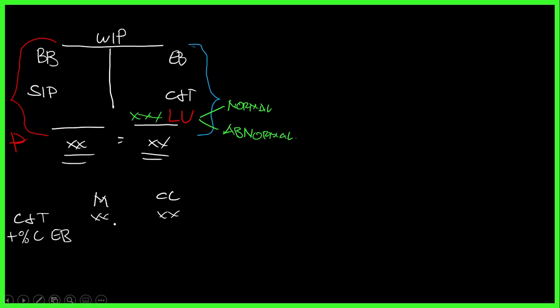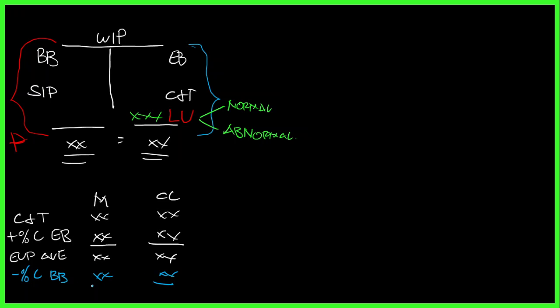Once you've added your ending inventory, what you call this is the EUP for average. That's the normal one. Sir, what about FIFO? Then you subtract the percentage of completion of your beginning inventory. Once subtracted, you will have your EUP for FIFO.